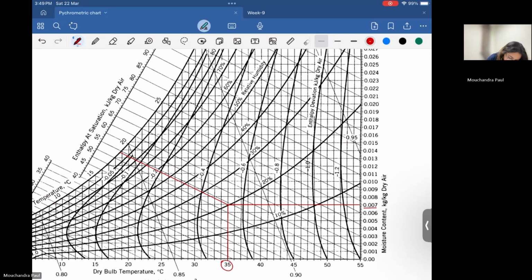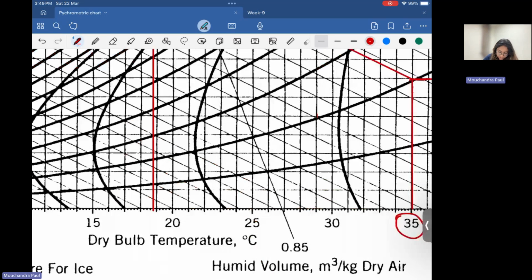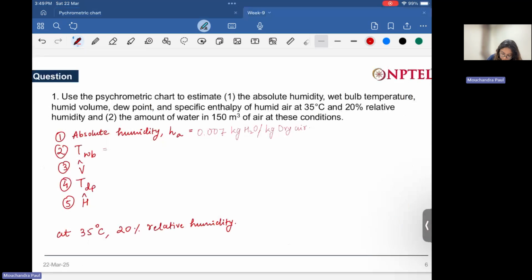And from here, extend a vertical line. And what you get? 18.9. This is your wet bulb temperature.